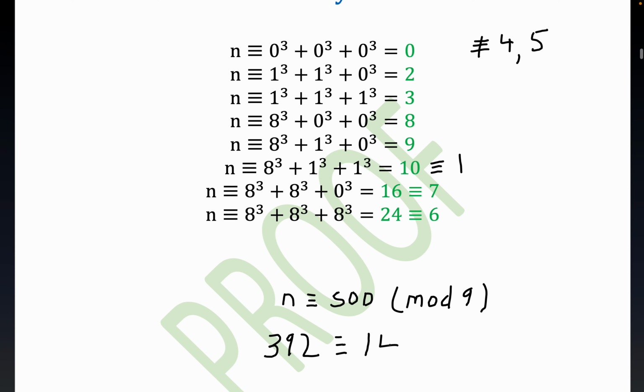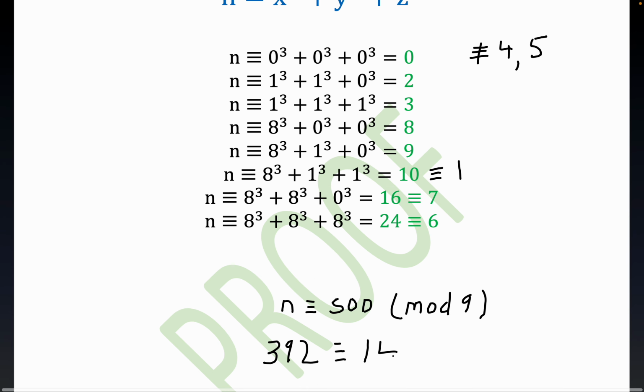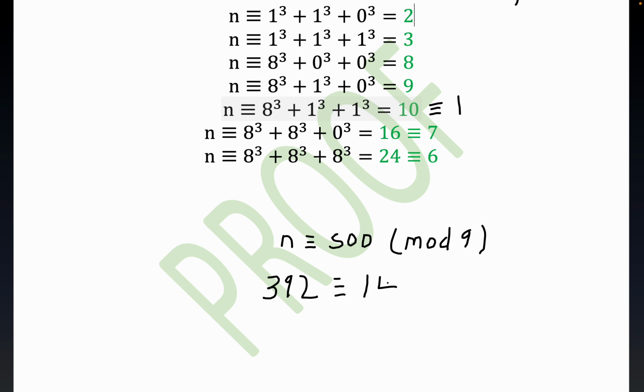Notice that both of these values leave a remainder of 5, so both are congruent to 5 modulo 9. It's clear for 14. Now, 392 is 9 times 43 plus 5. 9 times 43 is 387, plus 5 is 392.